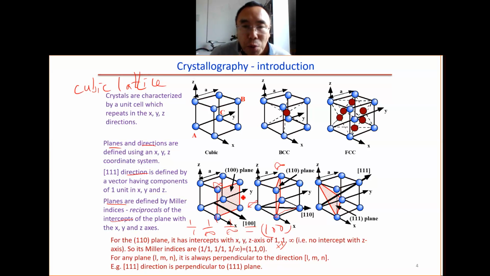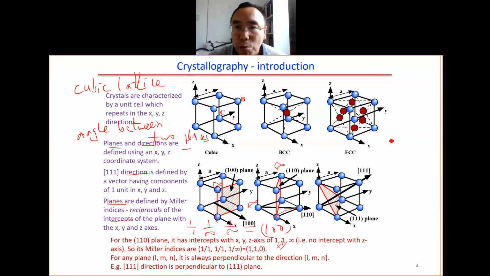This is very important because, for example, if I ask you to calculate the angle between two planes, for instance this 110 plane and this 110 plane, you can calculate the angle between the two directions.